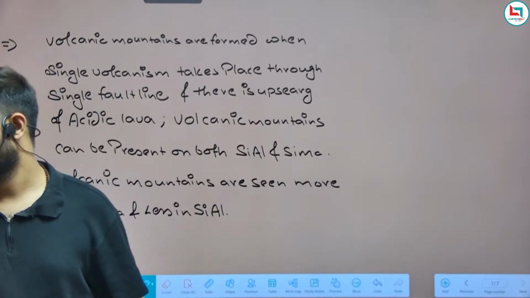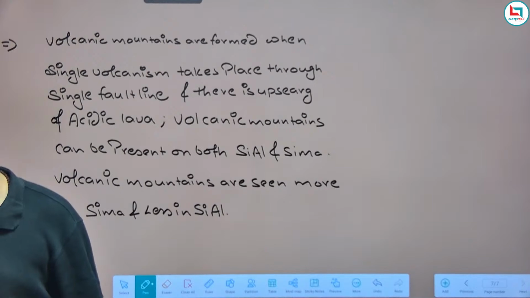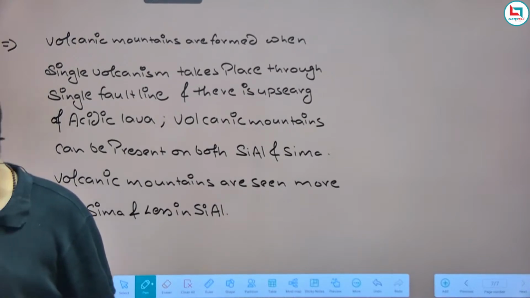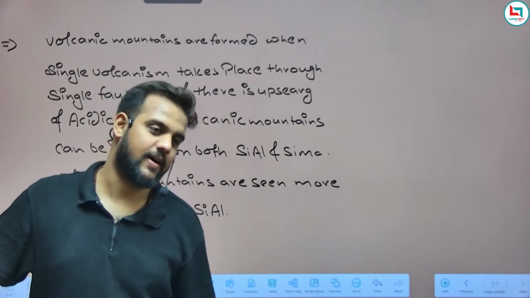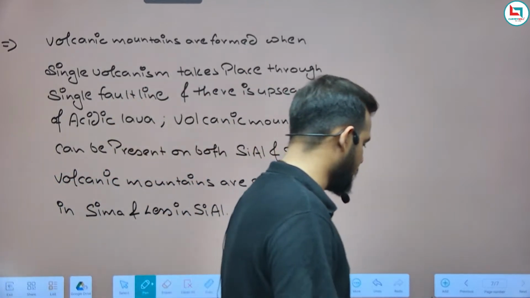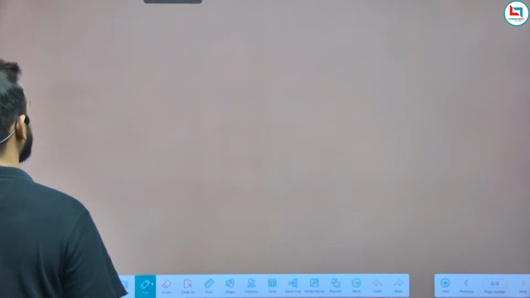Now guys, let's talk about the next case, and the next case is of the multiple fault line and the acidic lava.